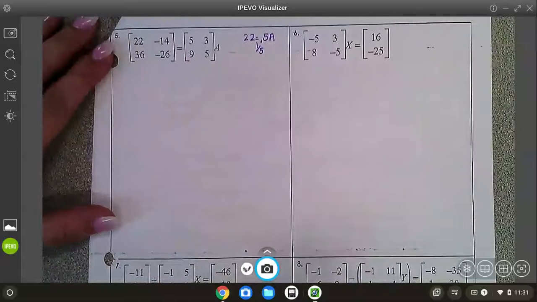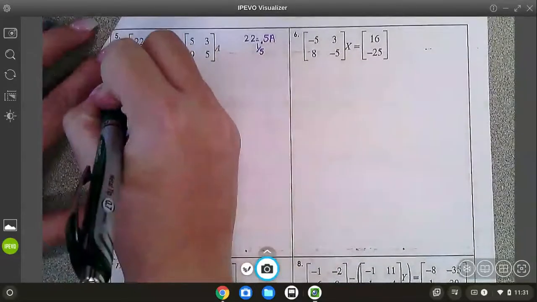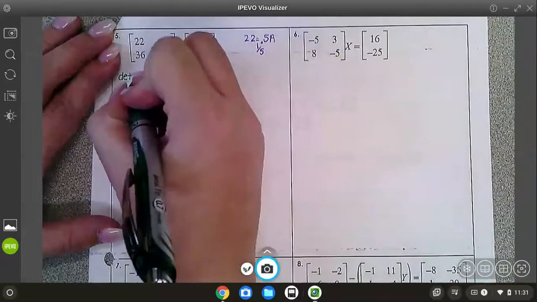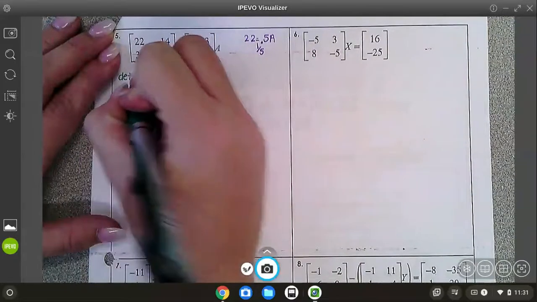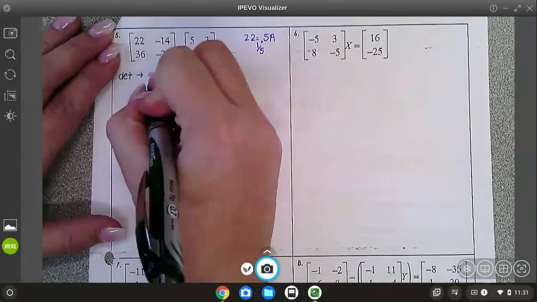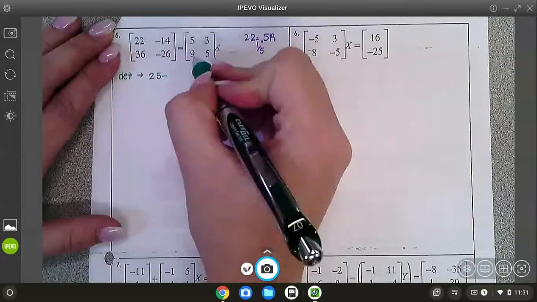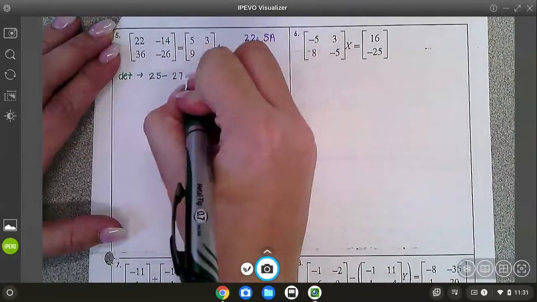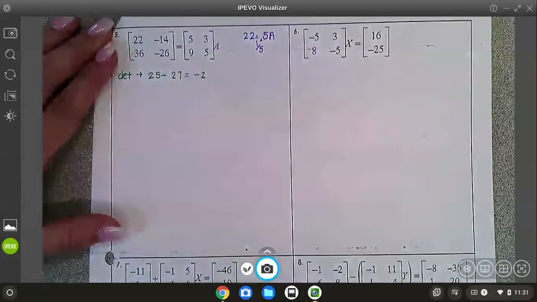So for the inverse, we have to first find the determinant. So we do 5 times 5, which is 25, minus 9 times 3, which is 27, and we get -2.